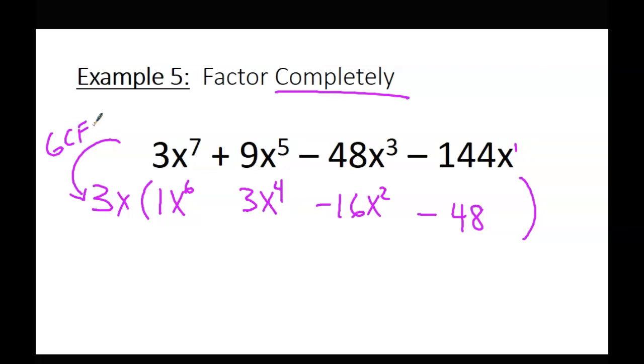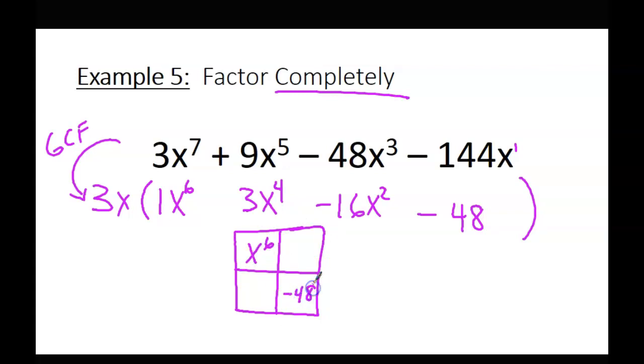GCF first, and then does it have 2, 3, or 4 terms? Does this thing have 2, 3, or 4 terms in it? It's got 4. So what method do we use? The grouping. The grouping or the box method. Okay? So we have x6, we have negative 48, and the other two don't matter where they go.